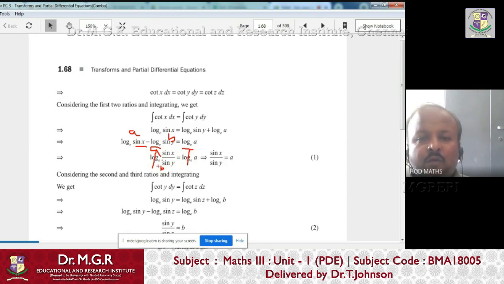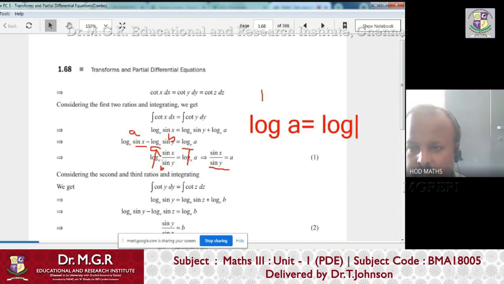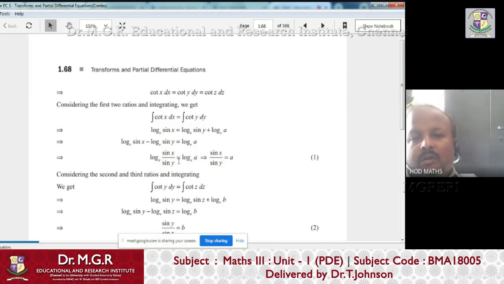So if the log values of both entries are equal, the entries should be equal. Suppose log a is equal to log b, then the conclusion is a equals b. That is only what they are using here, right? So log of sin x by sin y is equal to log a, so sin x by sin y equals a.